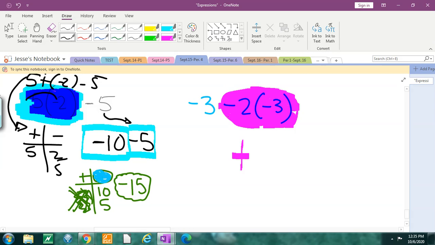So again, you're basically doing distributive property. Negative times a negative is a positive. And then 2 times 3 is 6. And what do I do with the -3? Just bring it down. Bring it down. And now you could do your T chart.